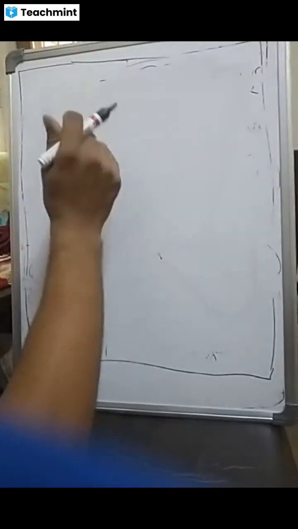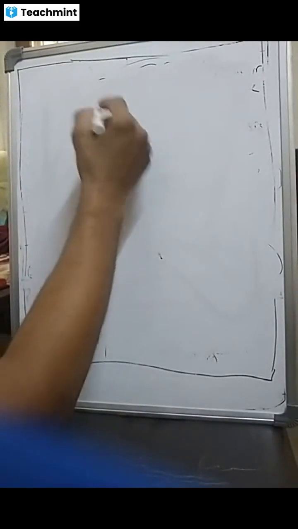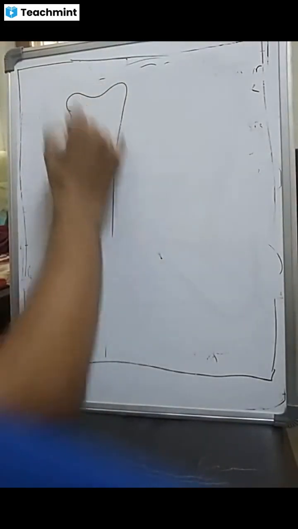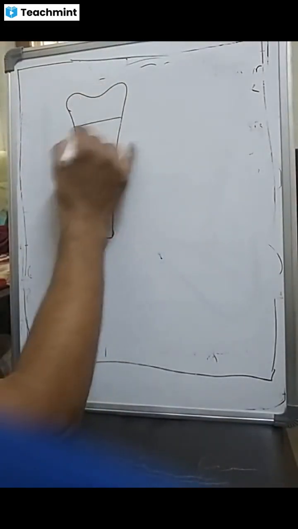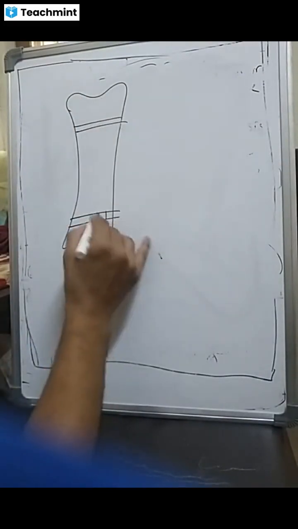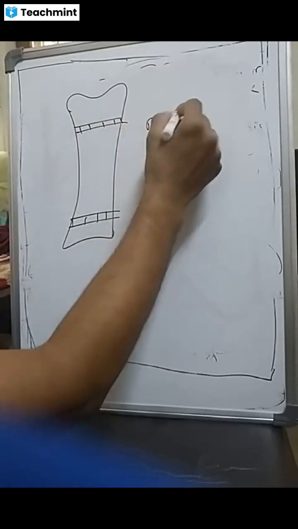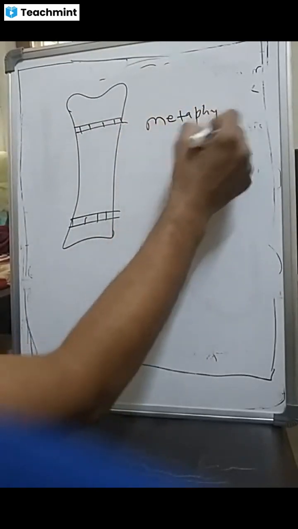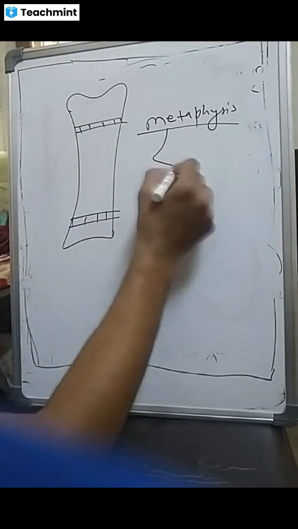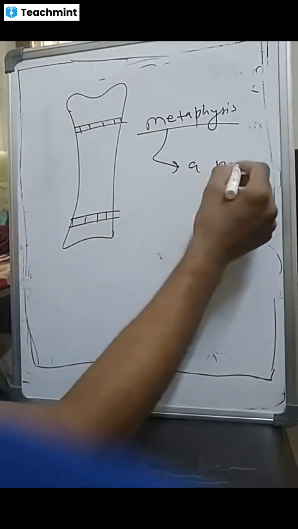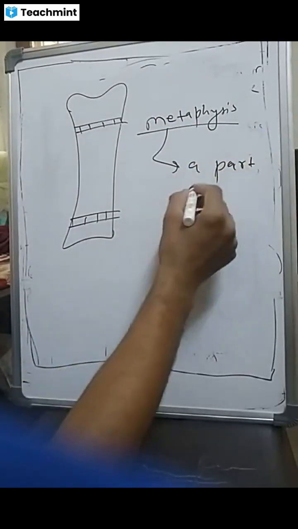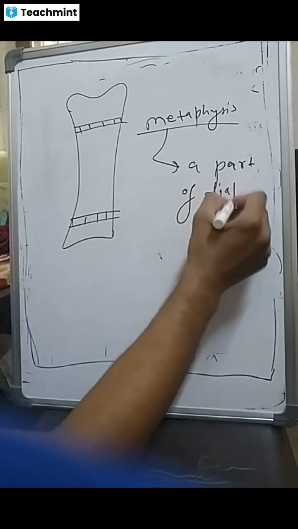One more important point about the long bone parts is the metaphysis. Metaphysis is a part of the diaphysis.